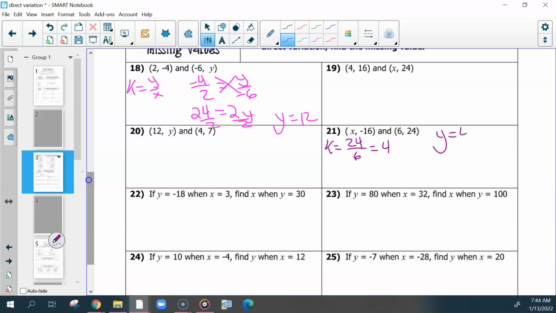So y equals 4x would be our equation. Now that we know this equation, we could look at the one that we're missing. So here we're missing x, but we're given y. So we can put that y value in and then solve for x by dividing both sides by 2.